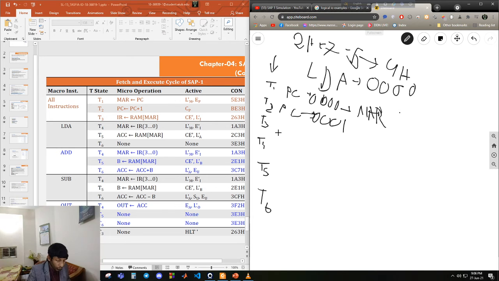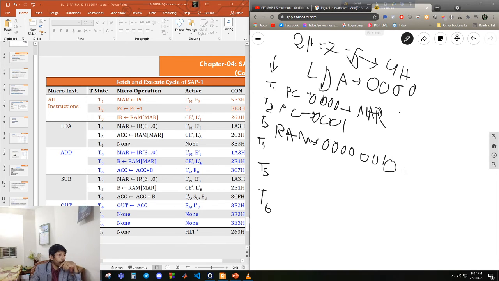So the RAM will store the first 4 bits as the instruction bits 0000, and the 7 which is stored in 2H. The binary representation of 2 is 0010. So our third step is completed.